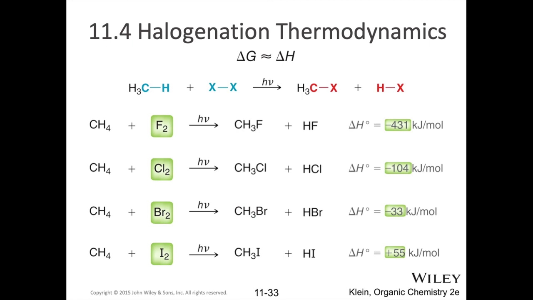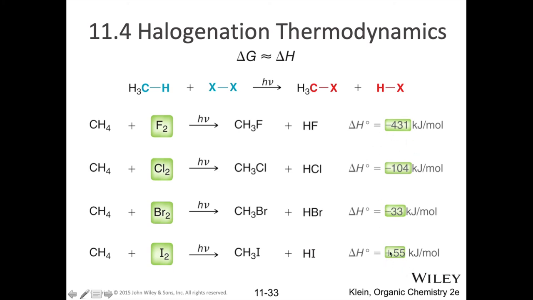Okay, so let's look at the overall reaction energy, or the overall delta H, for each of these reactions. If we swap out our halogen and look at the overall change in energy using Hess's law, you can see that for fluorine, chlorine, and bromine, we have overall exothermic reactions.